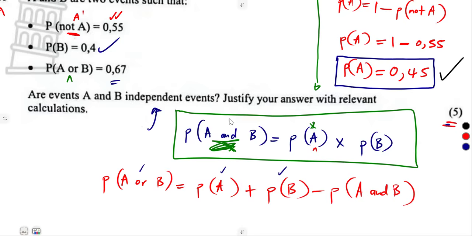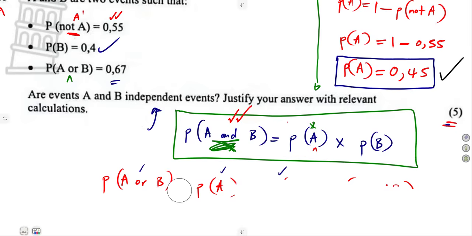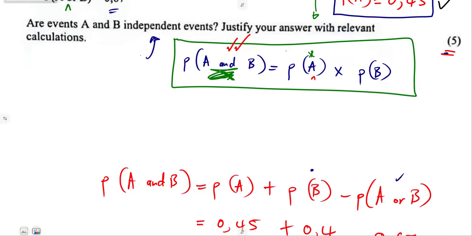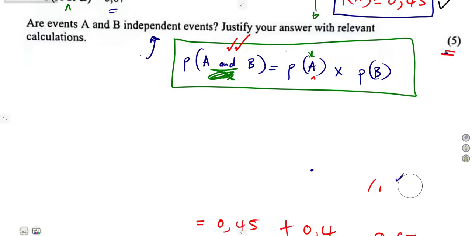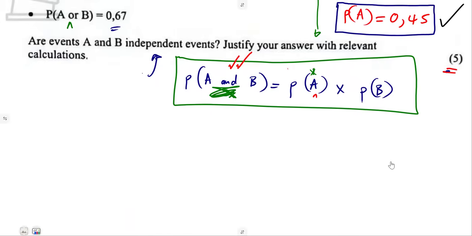We have the probability of A and B now. So what is it that we must prove? Let's multiply the probability of A times the probability of B. If we obtain the same answers, then they are independent. If we obtain different answers, it means they are not.